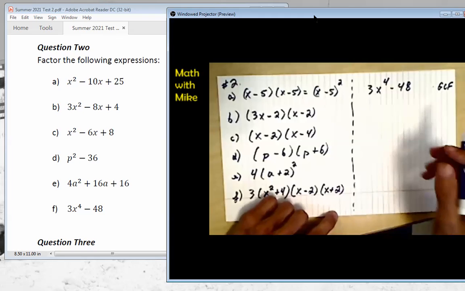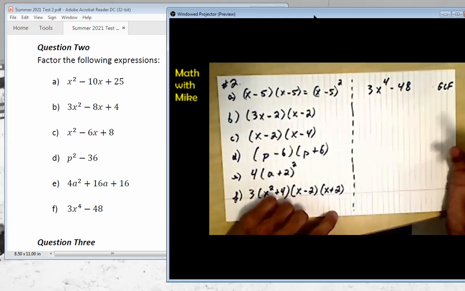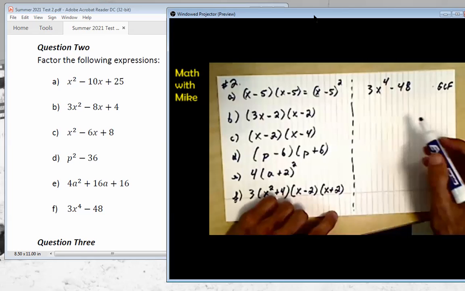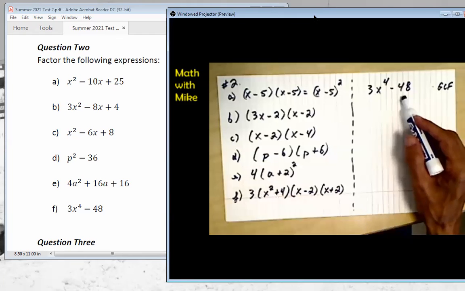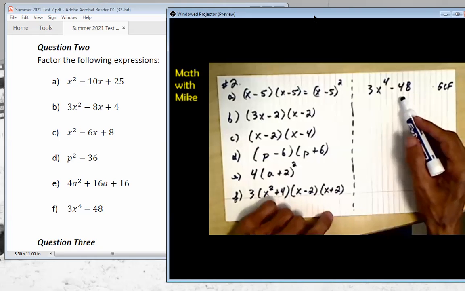Okay, so 48, does it divide by 3? No idea. So I go 4 plus 8, I get 12. So do you. Does 12 divide by 3? Yeah, good. So that means 48 divides by 3 as well.